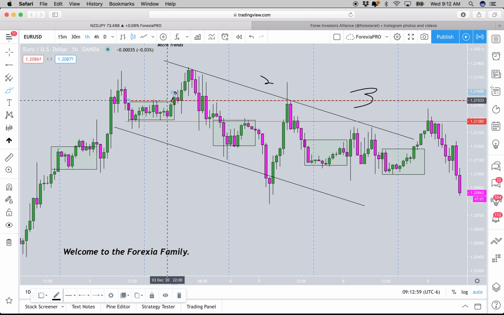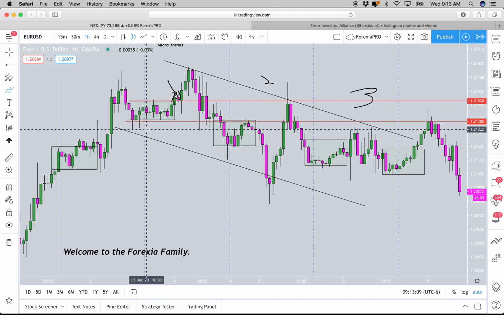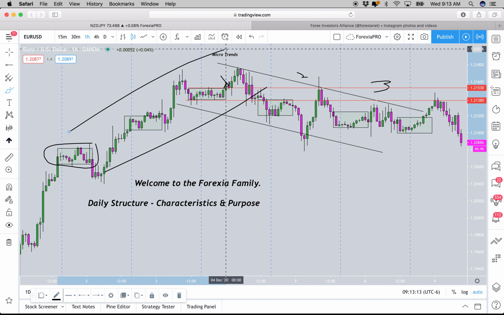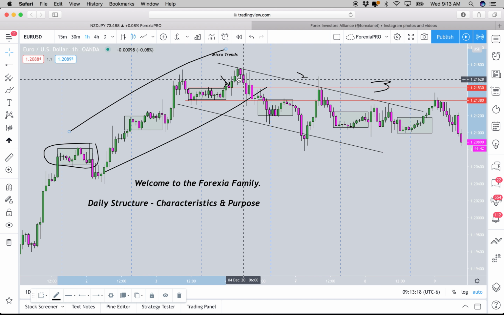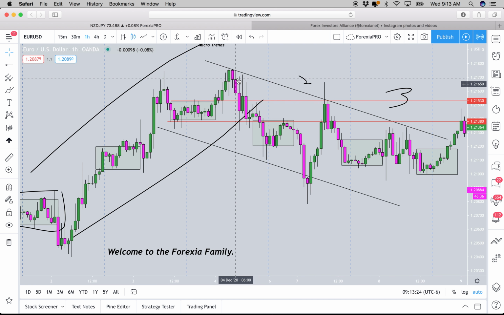Why? Because that's what they've been taught. Buy the breakout. The breakout, this resistance, is now turned support. Oh, okay, we can buy off support. It's an uptrend. Go with the trend, blindly go with the trend. It's making new higher highs. Oh, we're going to buy.